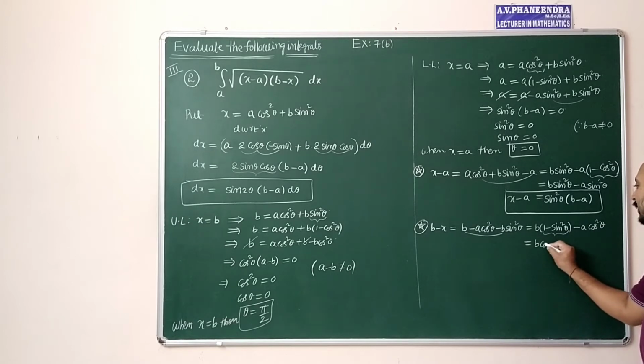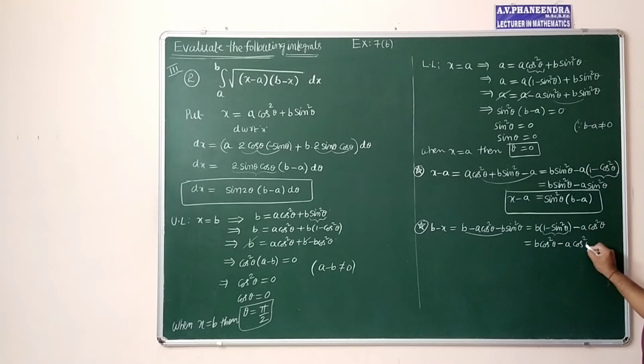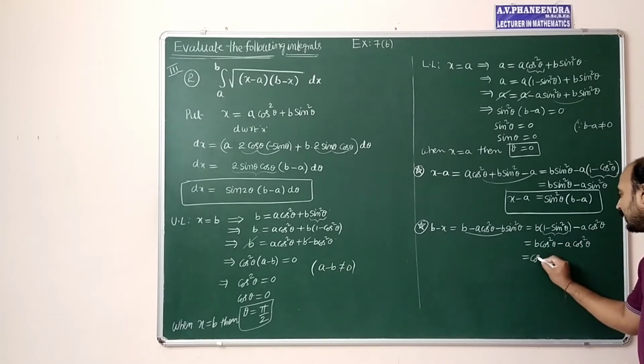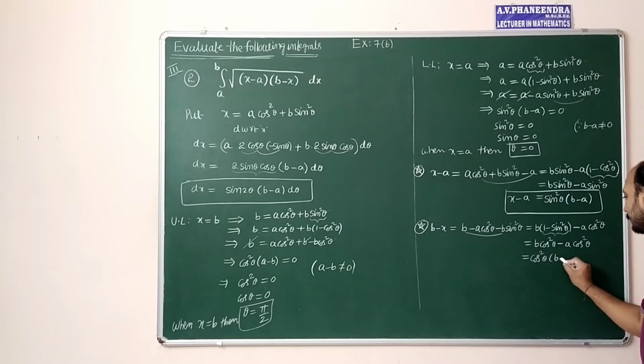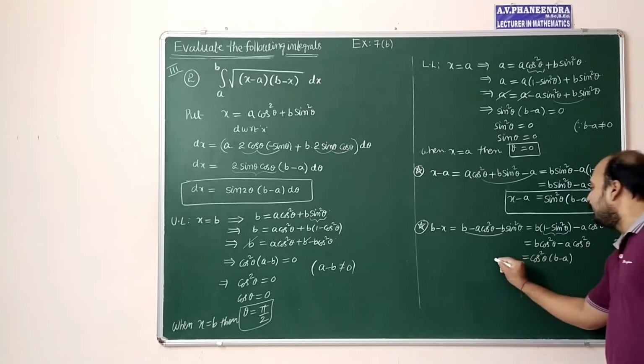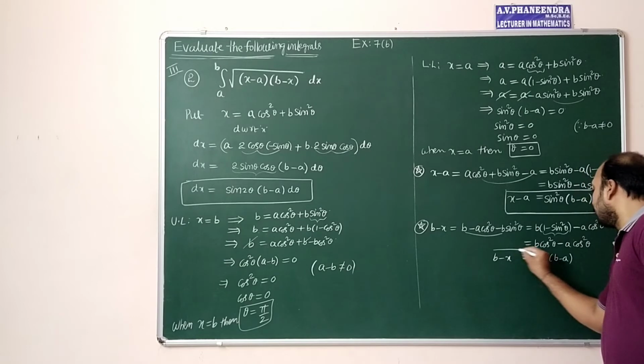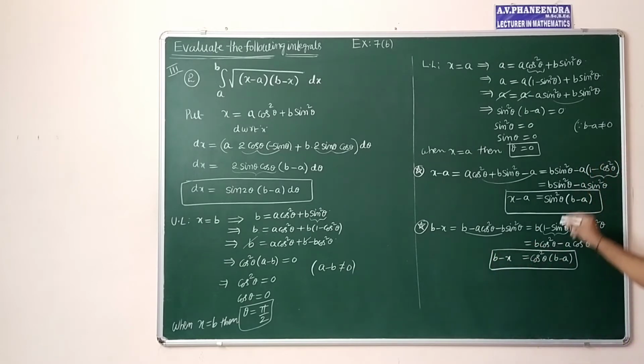So b cos²θ minus a cos²θ. So again take common cos²θ from there, so cos²θ into (b minus a). This is the value of b minus x. So these important values you can remember.